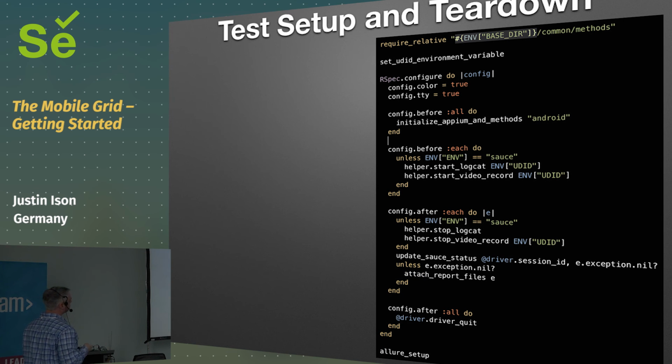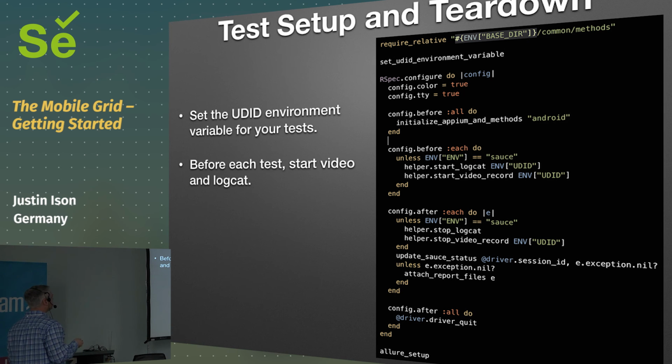So here's our setup. The test is about to run. We want to set our UDID environment variable. Again, it doesn't have to be the UDID, and I'll show you on the next slide. So before each test, we want to start the video and start the logcat. Then after the test, stop the video and logcat, because we only care about the beginning of the test and after the test.